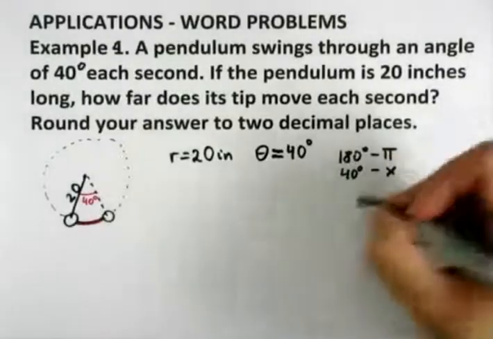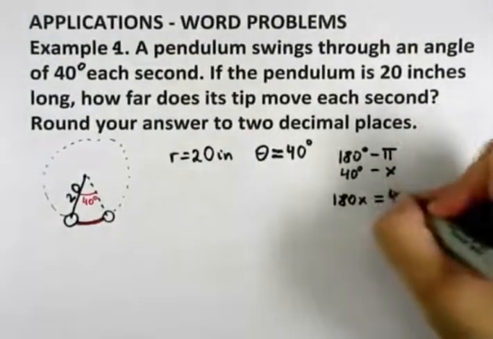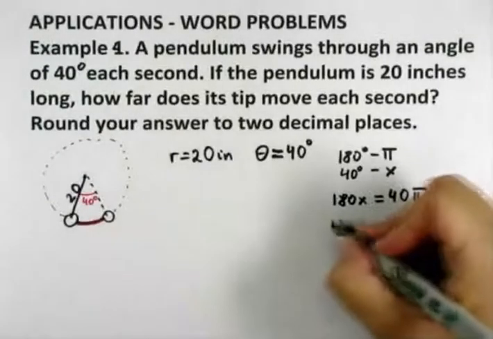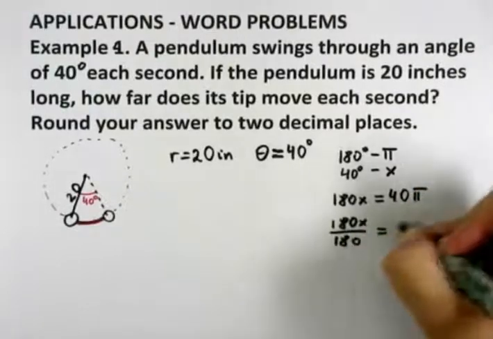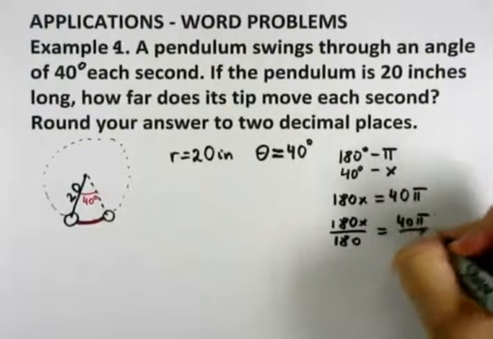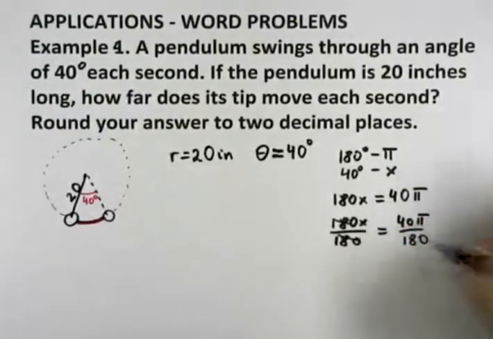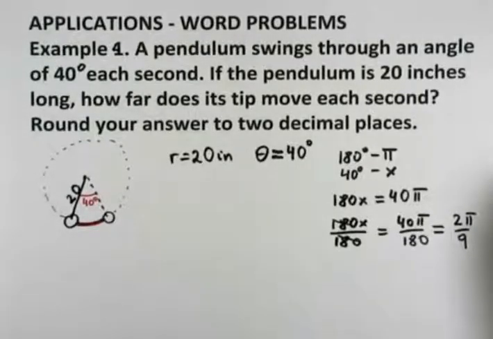Cross multiply: 180x is equal to 40 pi. Divide by 180: 40 pi divided by 180. The zero reduces, and we can divide by 2. So this would be 2 pi over 9 radians.